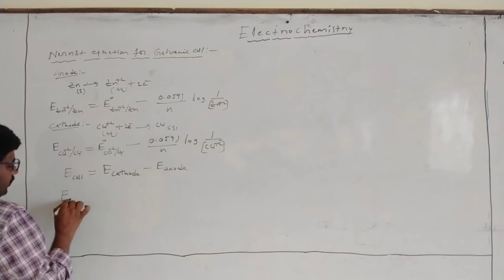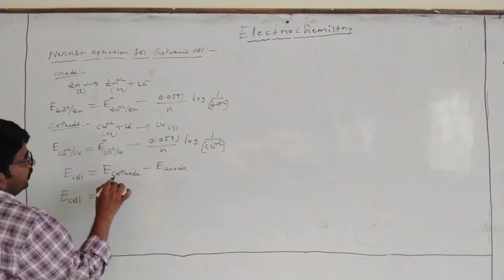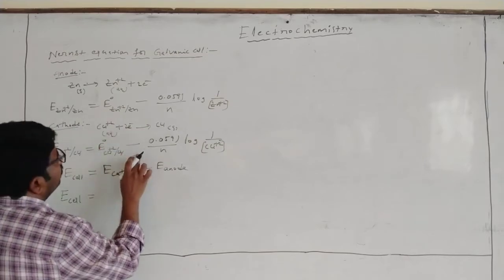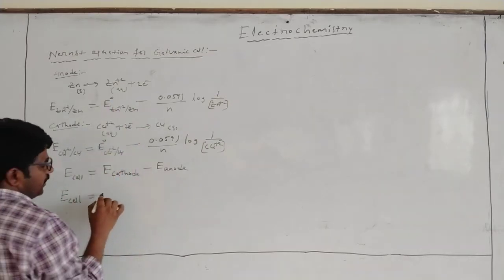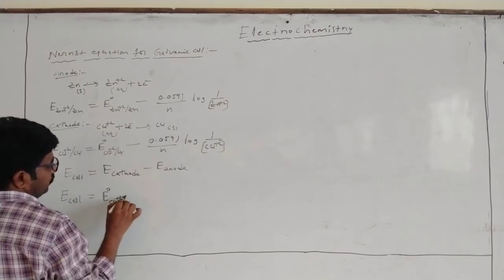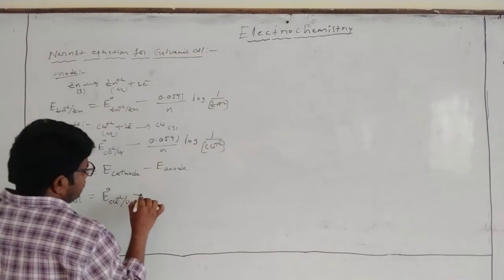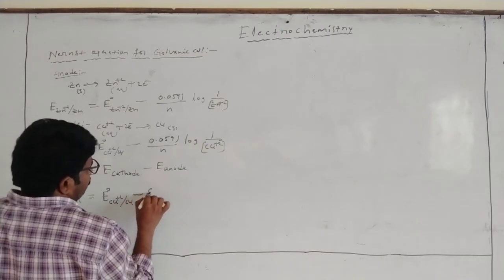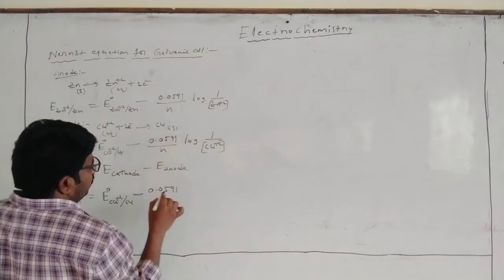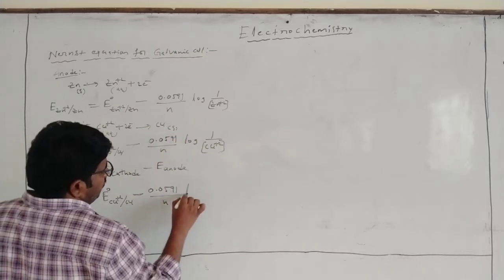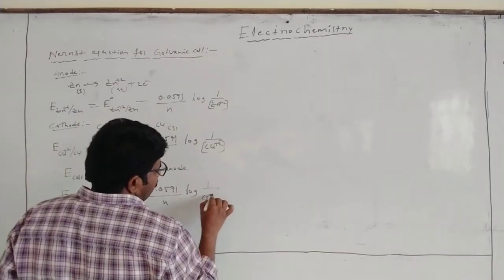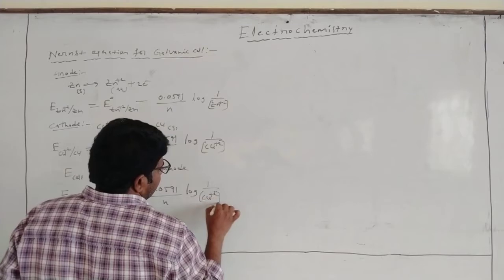Now E cell is equal to E cathode, which is E naught Cu plus 2 by Cu minus 0.0591 by n log 1 by Cu plus 2 ion concentration.